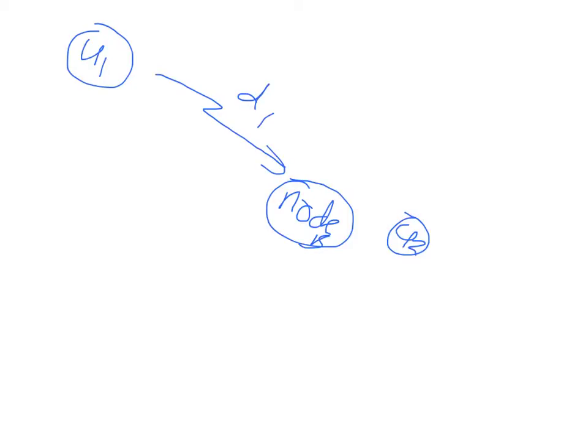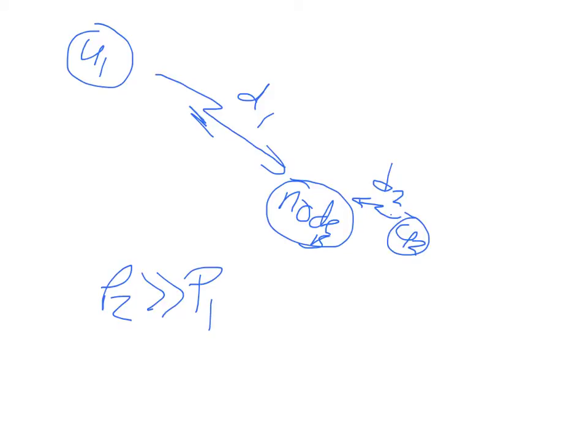I'm using this notation because this shows a radio signal, and this signal is travelling D2. Obviously, D2 is much less than D1, and due to attenuation of the path, the received power at Node B from user 2, P2, is going to be much greater than P1.